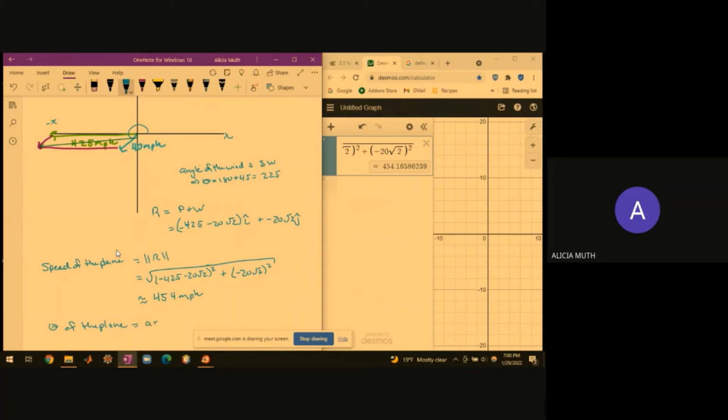And if we're interested in the angle of the plane, we can then once again take advantage of arctangent of our opposite over adjacent. So that's our y component divided by our x component.